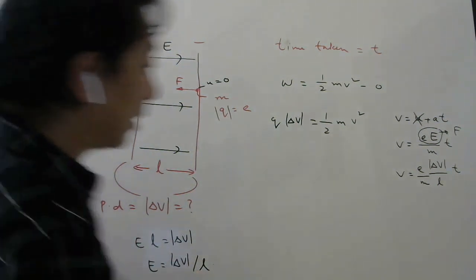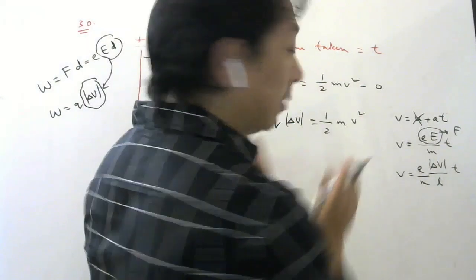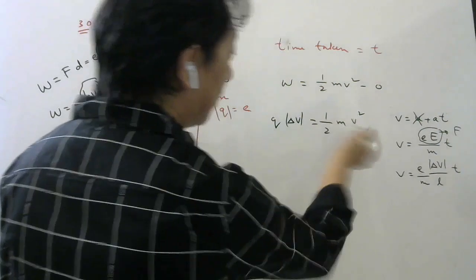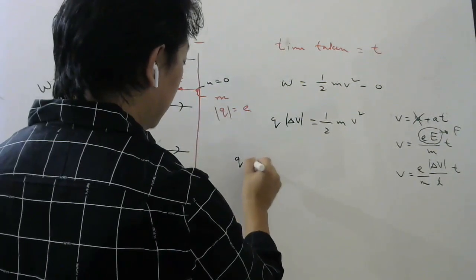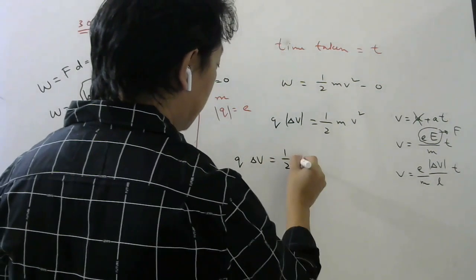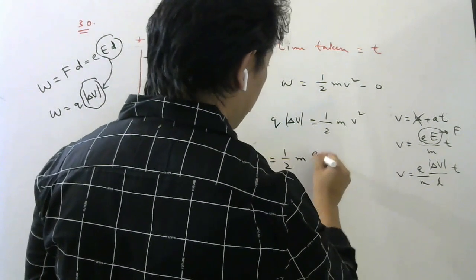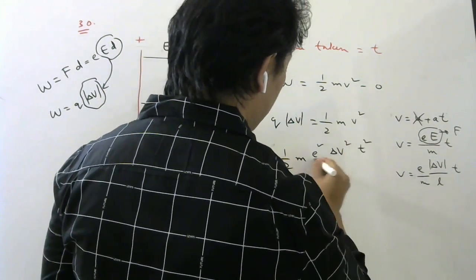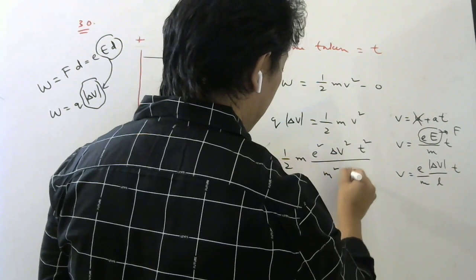Why am I doing that? So that only potential difference should be there, right? In the options there is no electric field mentioned. So Q into potential difference will be half m. V square, if you do, it will be e square potential difference square time square by mass square length square.